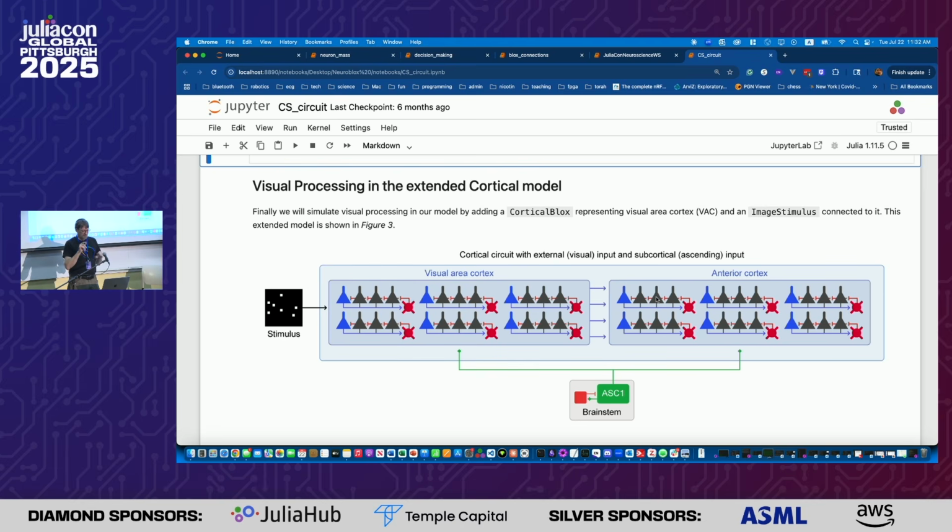cortical region, and then we have a connection from one cortical region to another cortical region, which could be the prefrontal cortex. They're both driven by the same frequency, right? And then you give them stimulus inputs, right? And the idea is to slowly build up to a system where, let's say there's a stimulus, there's a pattern, right?